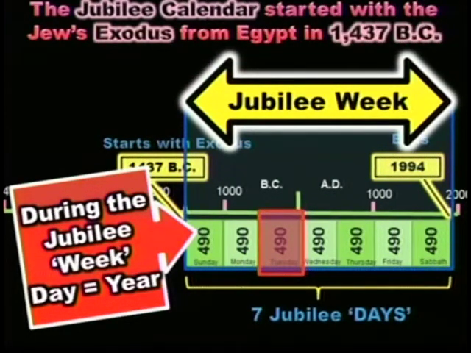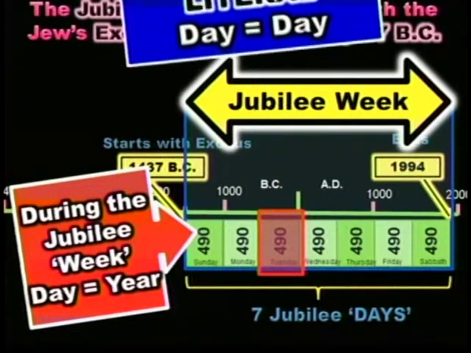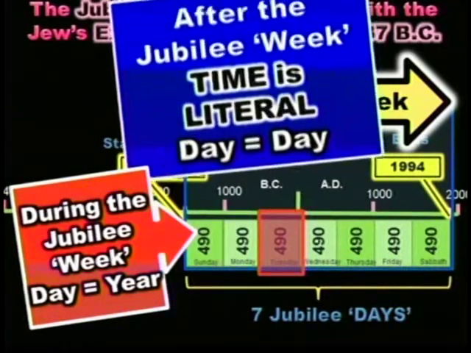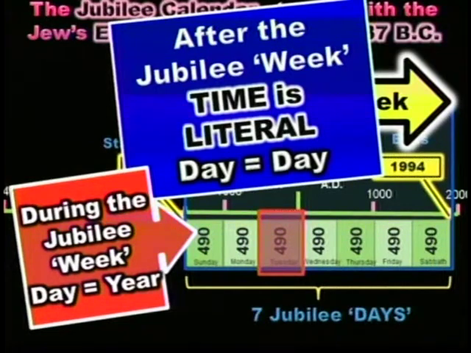During the Jubilee week, a day equals a year in Bible prophecy. After the Jubilee week, time is literal at a day for a day.